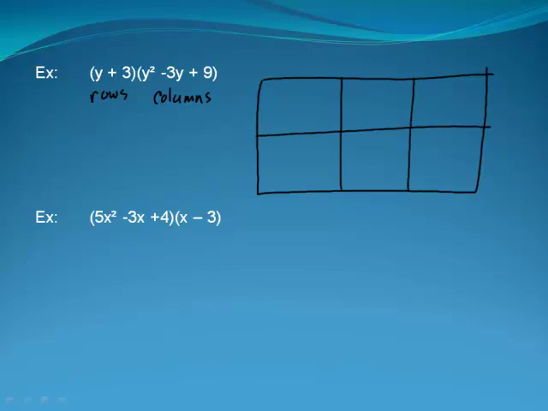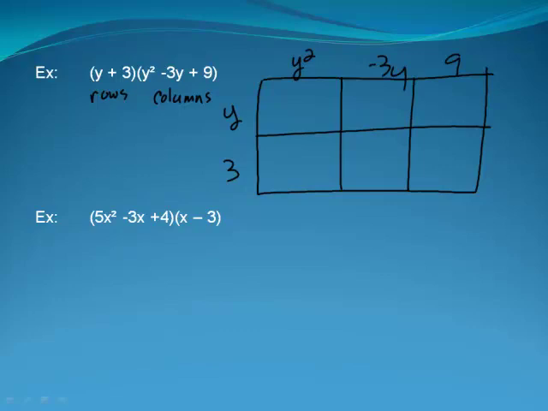Our row labels are going to be positive y and positive 3. Our column labels, y squared minus 3y plus 9. All right, and do the appropriate multiplication row and column for each of the labels for each box.